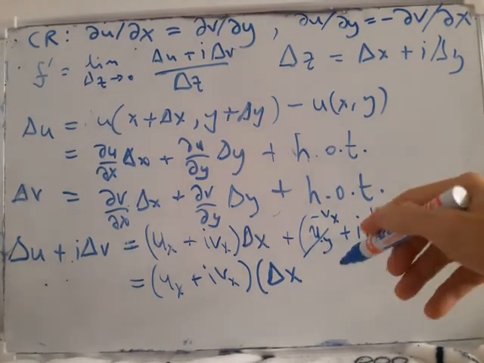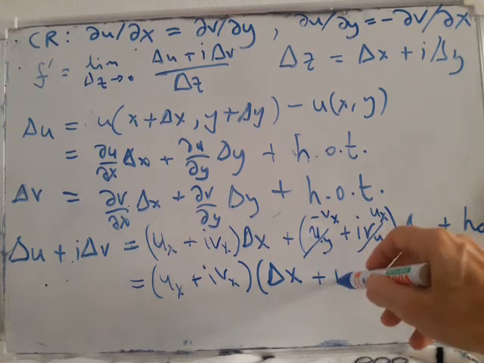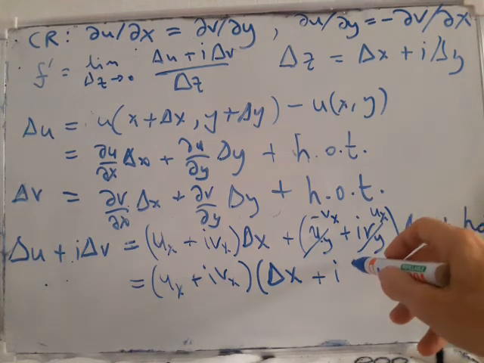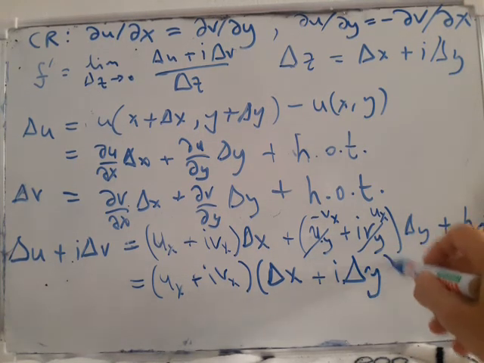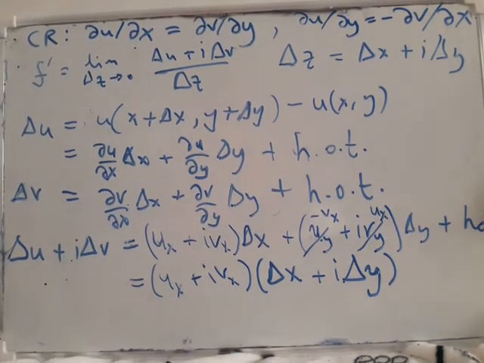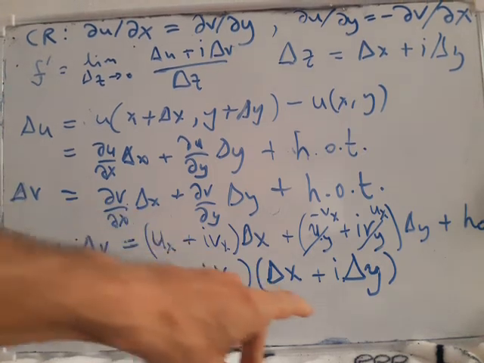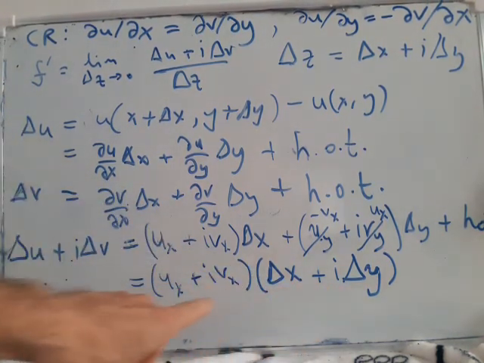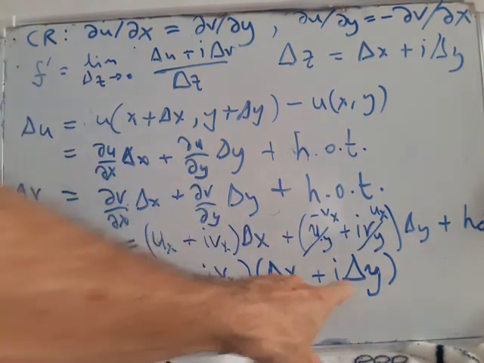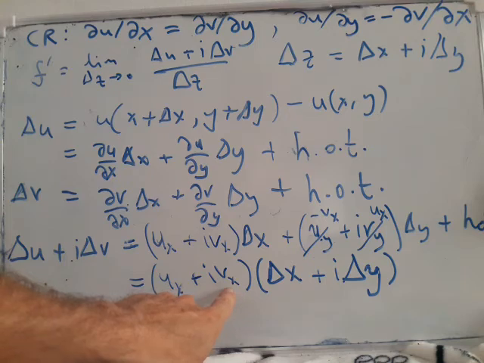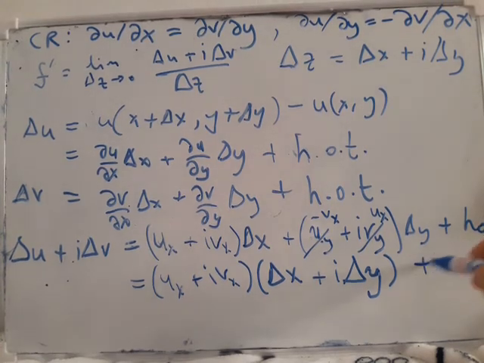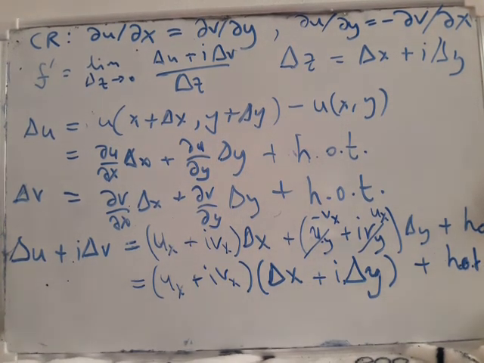But the reason for doing all of this is that when I multiply this by i delta y, I should get this. So just check that. i delta y times ux is what I've got here, and i delta y times i vx gives me minus vx, which is what I've got here. So plus higher order terms.